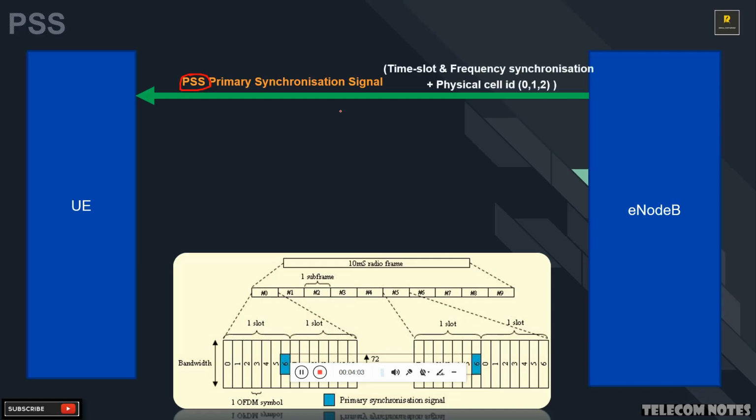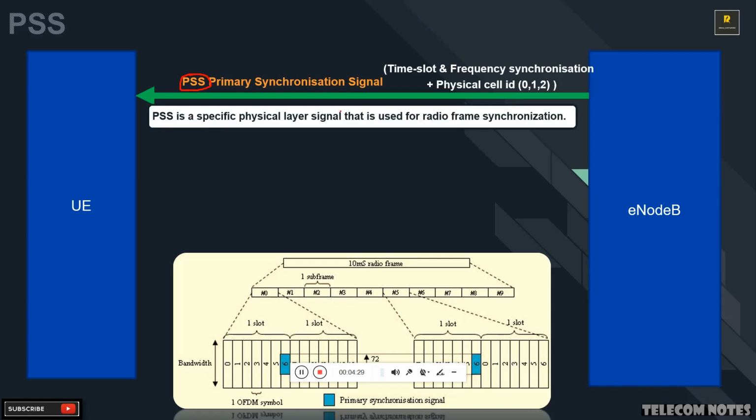Primary synchronization signals are used for time slot and frequency synchronization, and also to get the PCI, that is the physical cell ID 0, 1, 2, because PCI has been created with the formula 3 times SSS plus PSS, that I'll explain in a further slide.